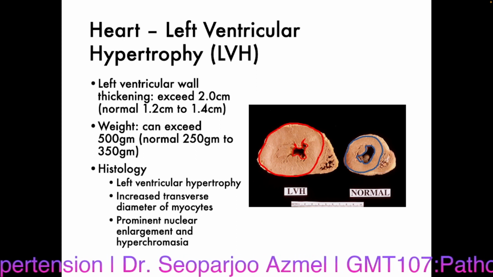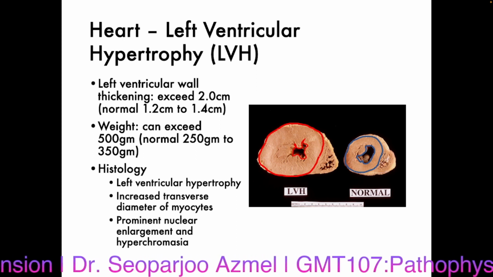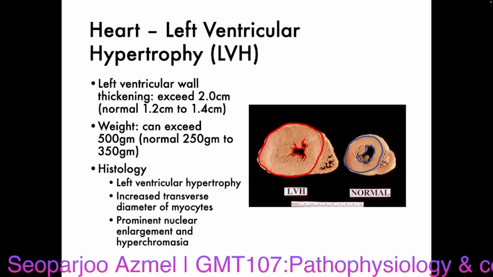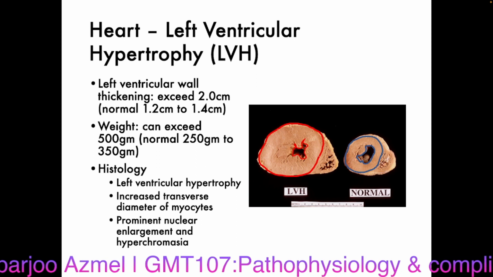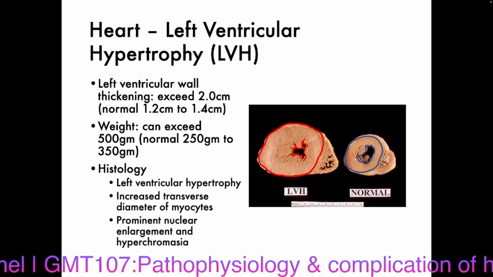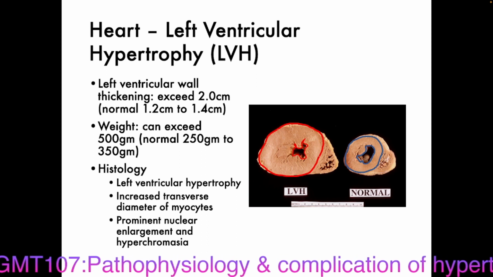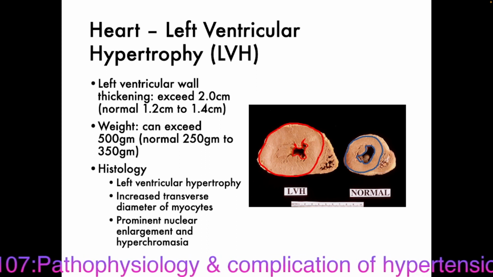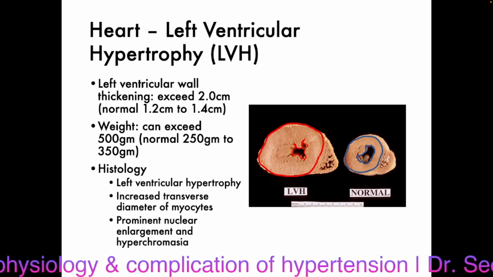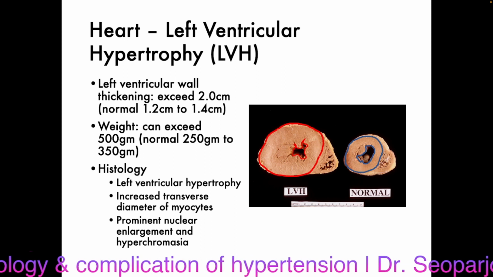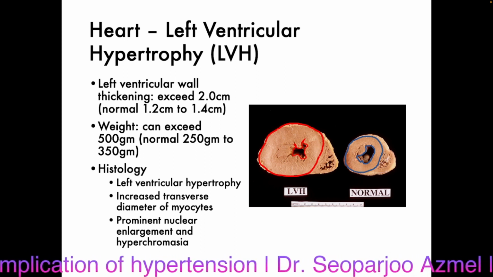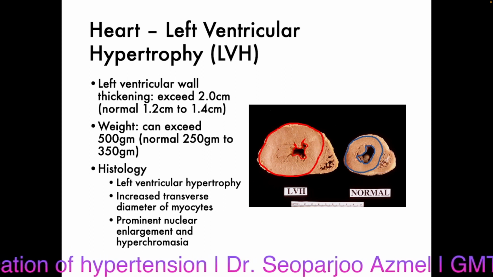Usually the left ventricular wall thickness will exceed, sometimes more than 2 centimeters, whereas the normal thickness of the left ventricular wall is around 1.2 to 1.4 centimeters. If you weigh the heart, it can exceed 500 grams, whereas the normal heart is around 250 to 350 grams, depending on the individual.